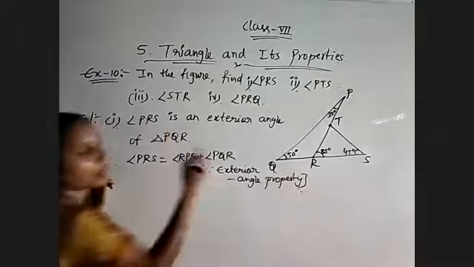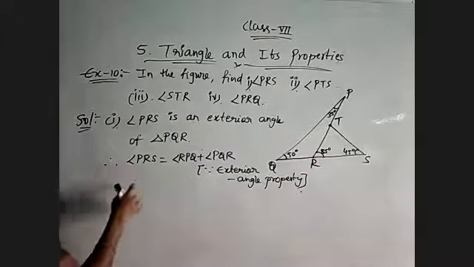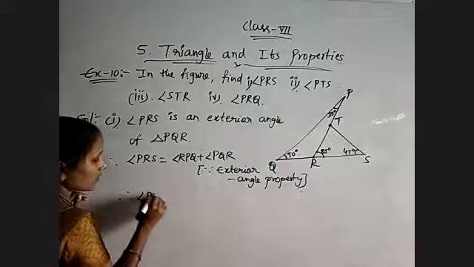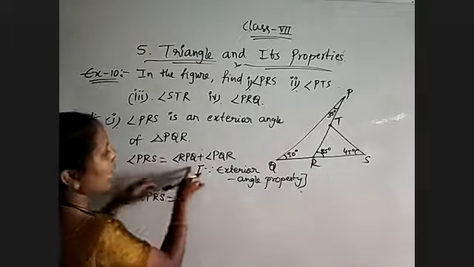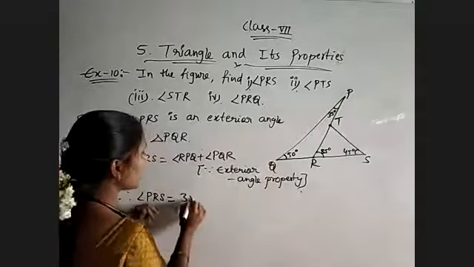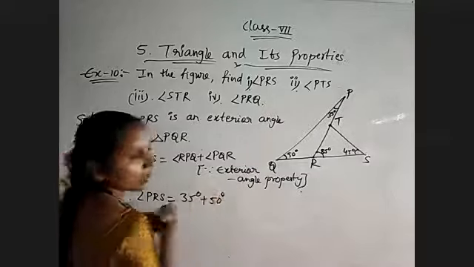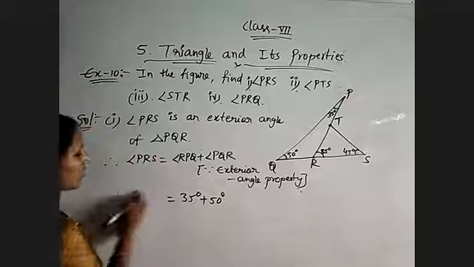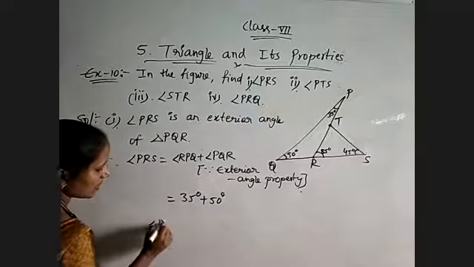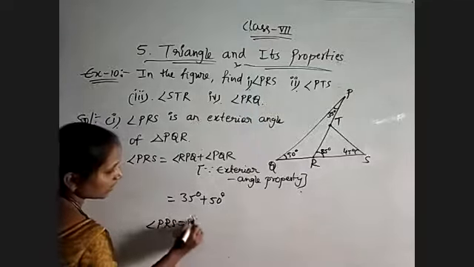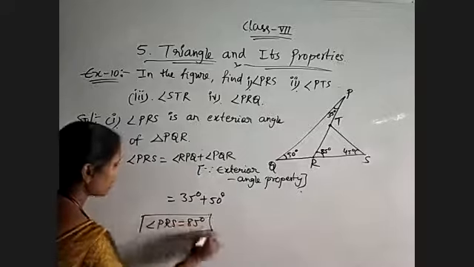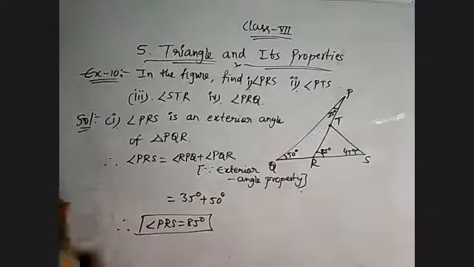Here one by one we will do the questions. Therefore, angle PRS will be equal to angle RPQ, which is 35 degrees from the figure, and PQR is equal to 50 degrees. That's it. So angle PRS will be equal to 85 degrees. This is the first question's answer.